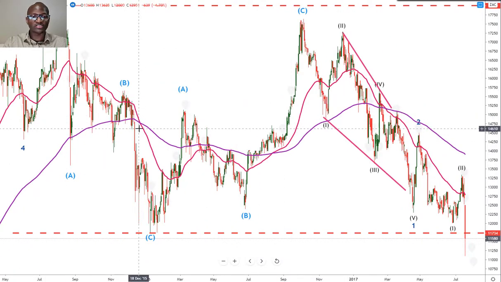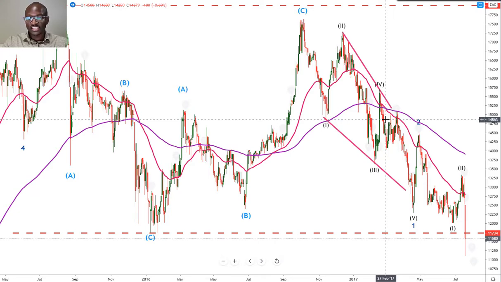A death cross is when the 50 moving average crosses below the 200 moving average. So we had one here, and now we're having a second one. Now as technicians or even investors who make use of these moving averages, to have these 2 crosses within such a short space of time should have been a warning signal that this market had overextended itself.